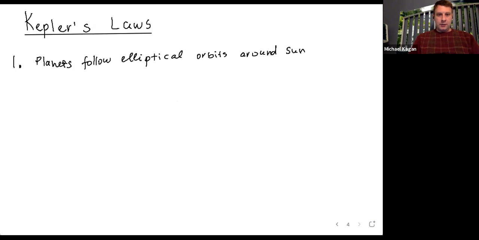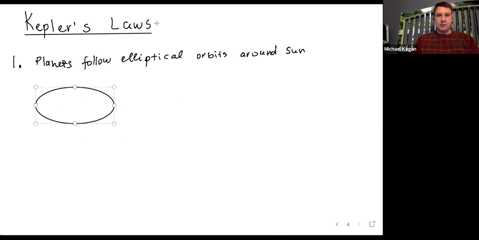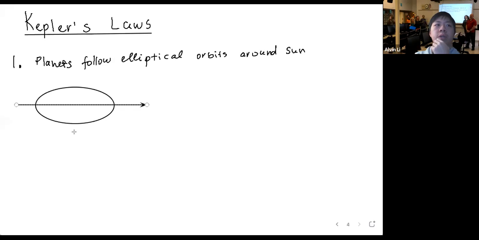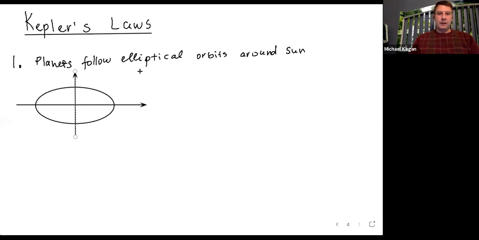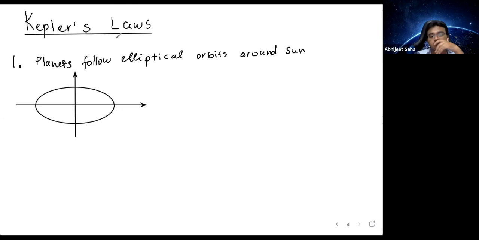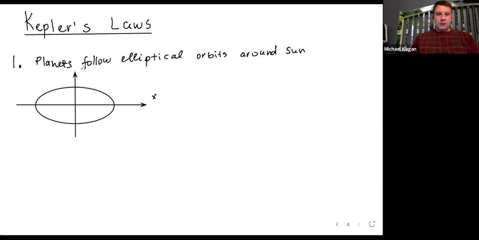So what is an ellipse? An ellipse is a squished circle, to say it simply. Does anybody know how it's defined mathematically? A locus of points that have the same sum of distances from 2 points. Exactly. Yes.